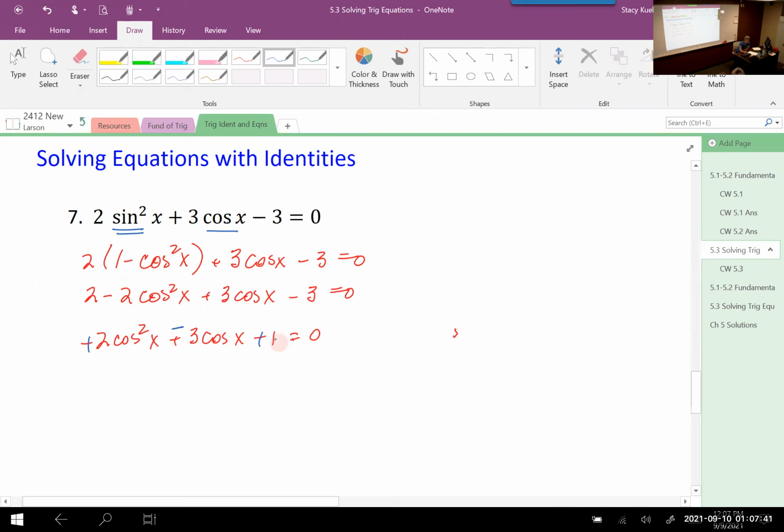So if I factor this, I've got 2 cosine x minus 1, cosine x minus 1 is equal to 0, because I get -2 plus a -1 gives me back the -3 I started with.